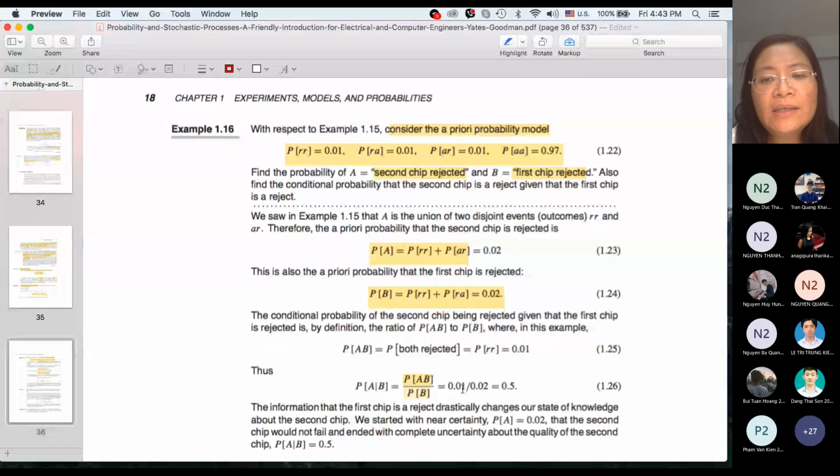So it equals 0.01 over 0.02, which equals 0.5. You see that if we consider the probability of A normally, without conditioning, it is 0.02. But now we have one more piece of information, A given B, so the probability here is 0.5. It changes.